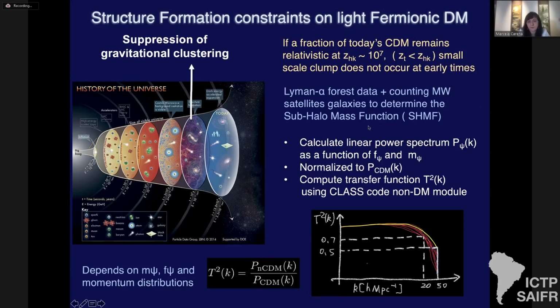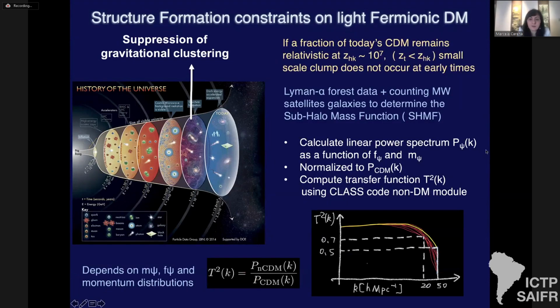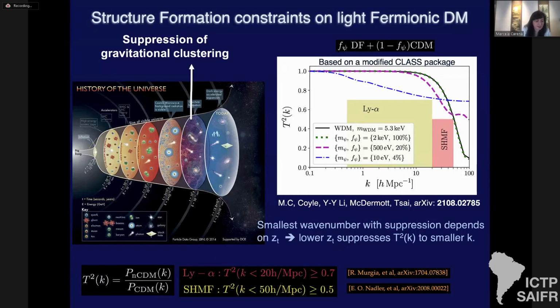subhalo mass function. So what we do now, in the last minutes I have, is calculate the linear power spectrum as a function of the mass and the fraction. We normalize it to what would be the power spectrum for cold dark matter, and then we compute what is called the transfer function as a function of wave number. And let me just show the results here.